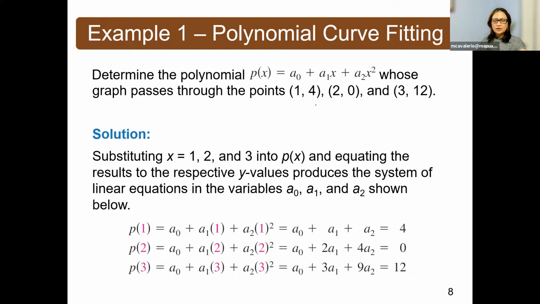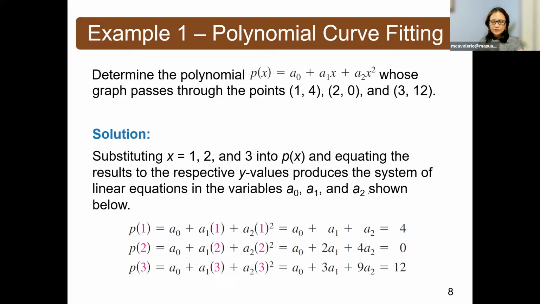And then doing the same thing, when x is equivalent to 2, we will have a naught plus 2a sub 1 plus 4a sub 2, which is equivalent to 0. And then p of 3 is equivalent to a naught plus 3a sub 1 plus 9a sub 2, which is equivalent to 12.